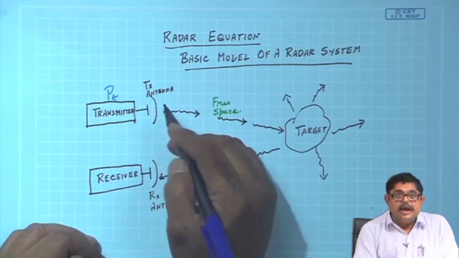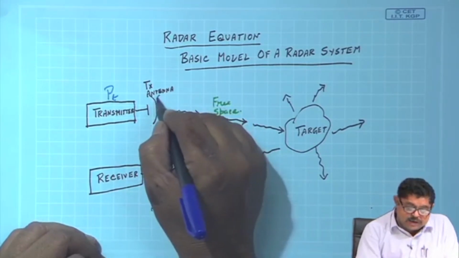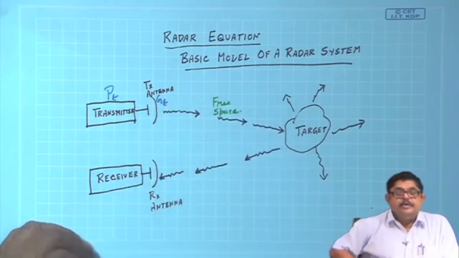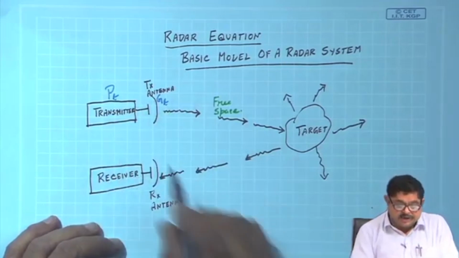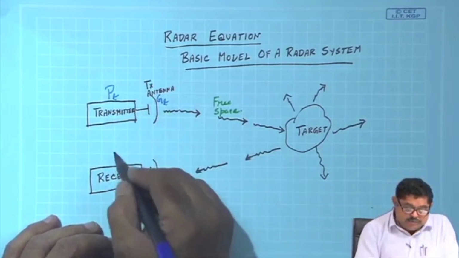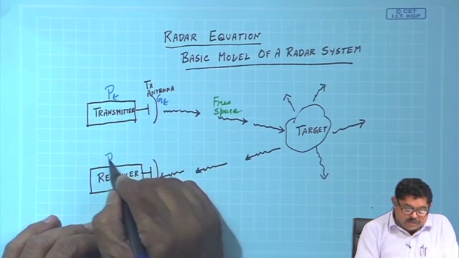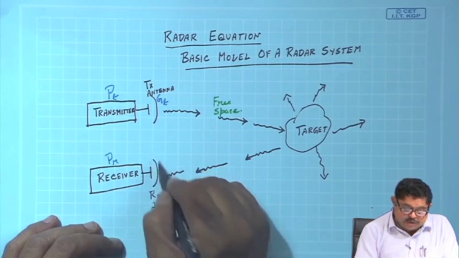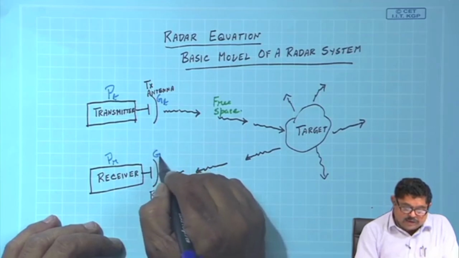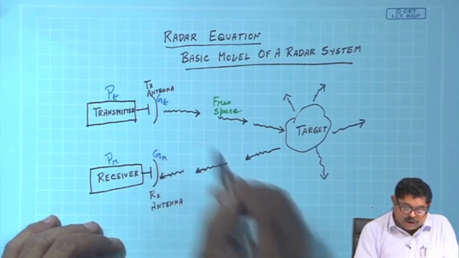Now, the transmitting antenna, let us assume, has a gain of GT, where the subscript T stands for the transmitting side. Similarly, let us call the power received by the receiver PR, and let the receiving antenna have a gain of GR.